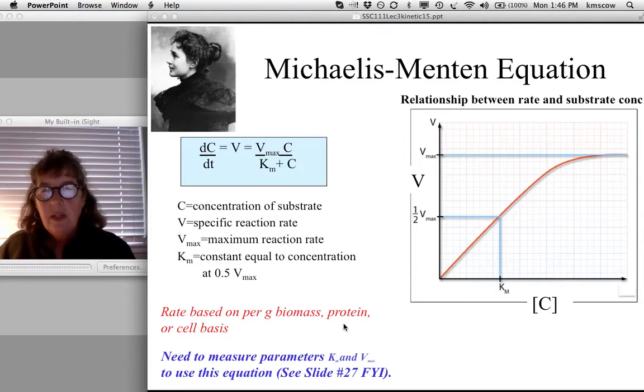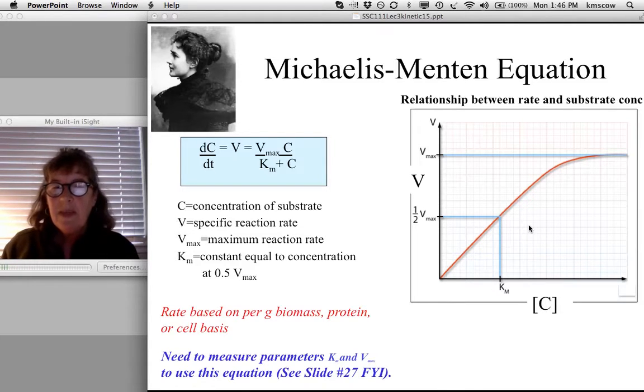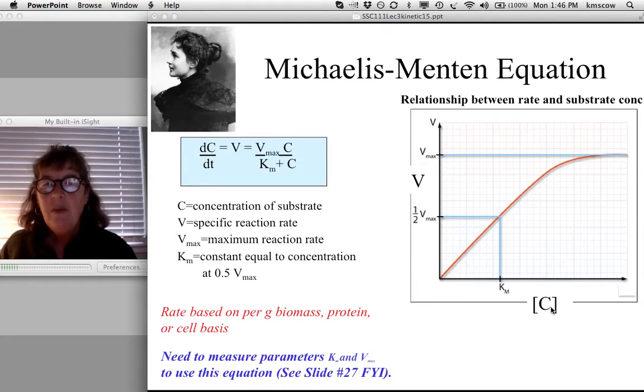So to get these parameters, Km and Vmax, requires an experiment where you vary the concentration of the particular substrate. Let's say it's phenol, and you might have a number of bottles that you would replicate with different concentrations of the phenol in it, and you measure a rate, and usually you measure the initial rate of decomposition of that phenol by whatever bacterial culture you're looking at that's degrading it.